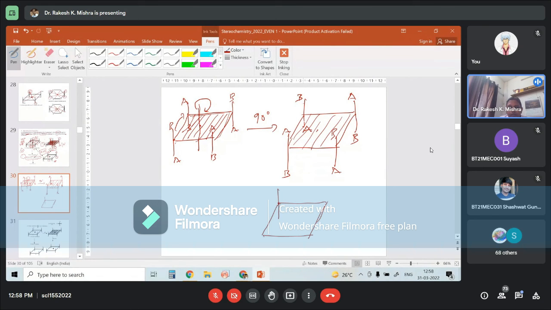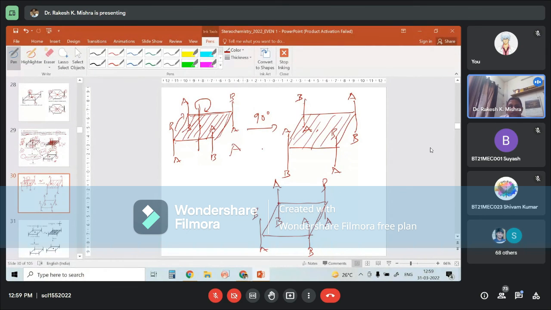The mirror of A will come here, right? And B will go to the bottom. Is that clear? Yes, sir. Okay. And similarly here, A will go on the bottom, B will come on the top. Here also, A will go on the top, B will come on the bottom. Similarly here, B will go on the top, A will come on the bottom.